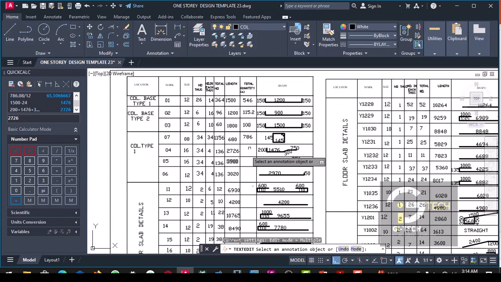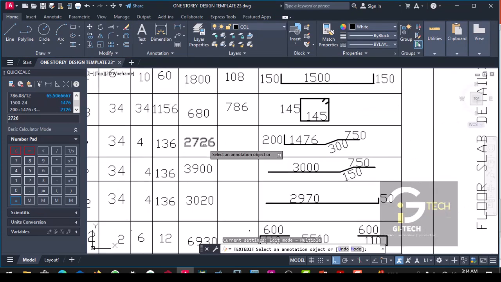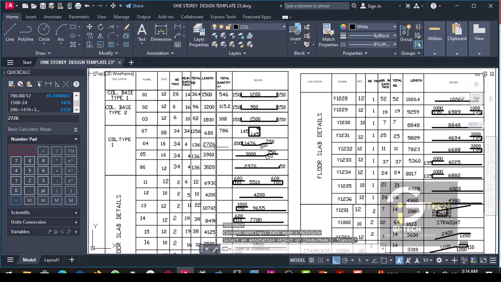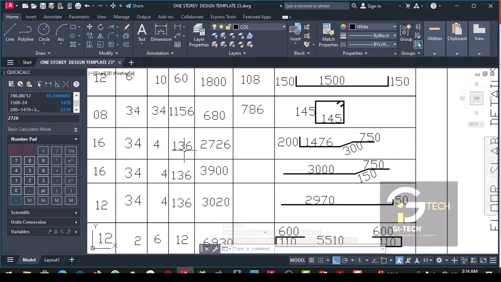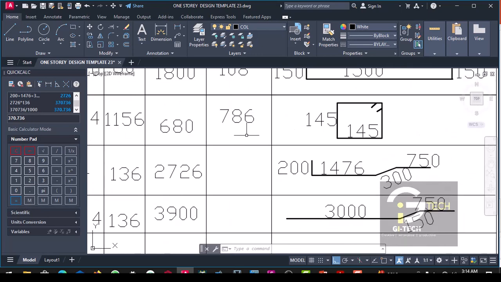So for us to calculate the total quantity of the reinforcement, we multiply this by 136. So we divide by 1000 to convert it to meter.